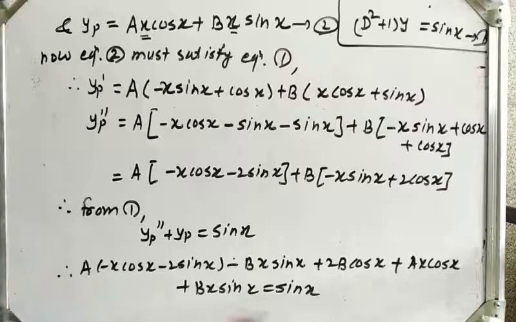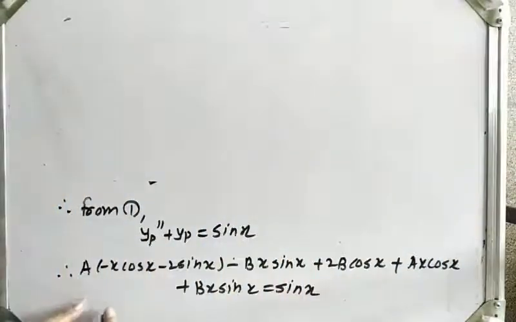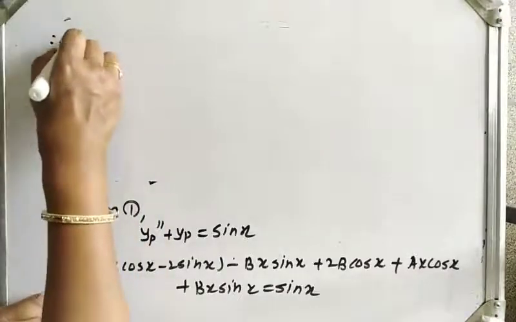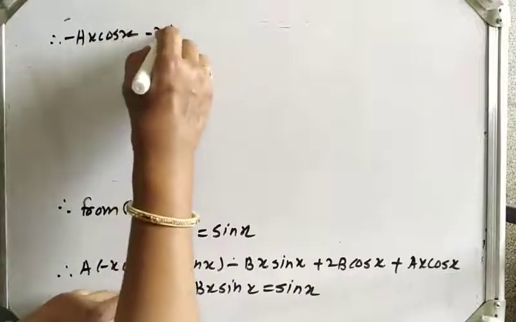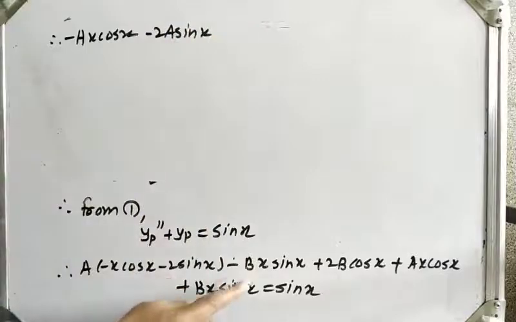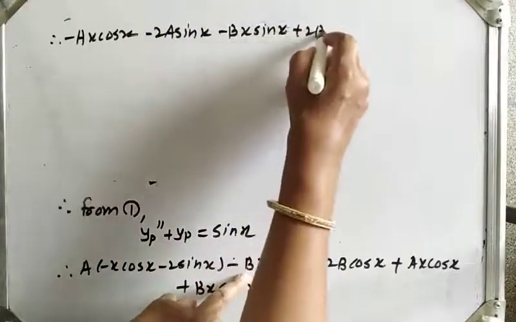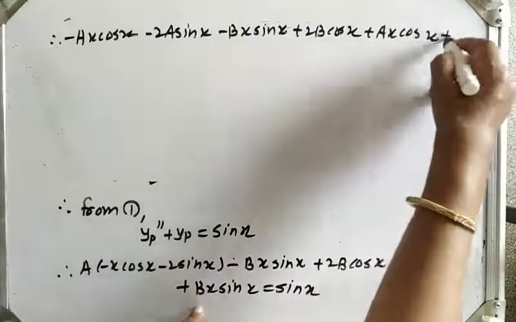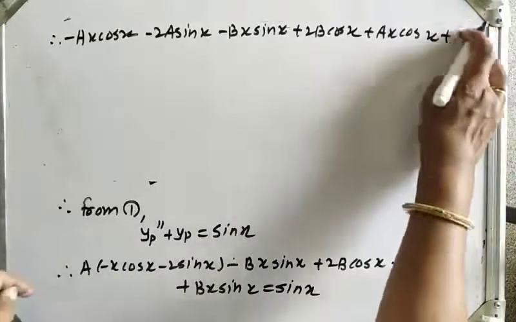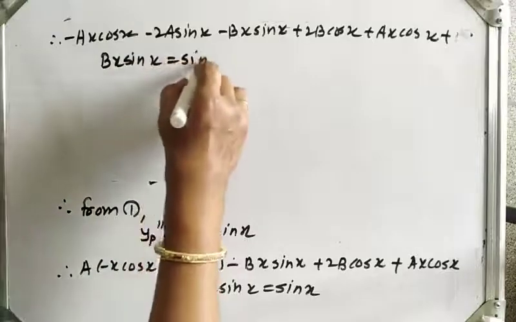Let us simplify it. So that will be, here, minus ax cos x minus 2a sin x minus bx sin x plus 2b cos x plus ax cos x plus bx sin x is equal to sin x.